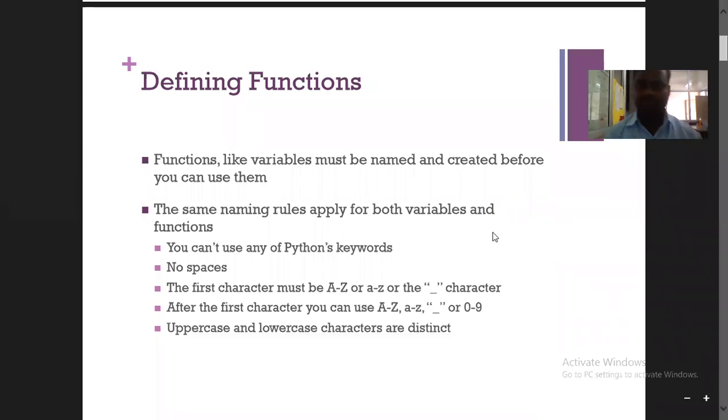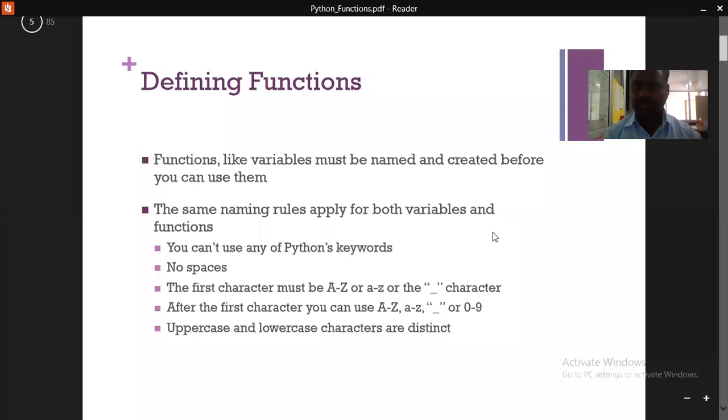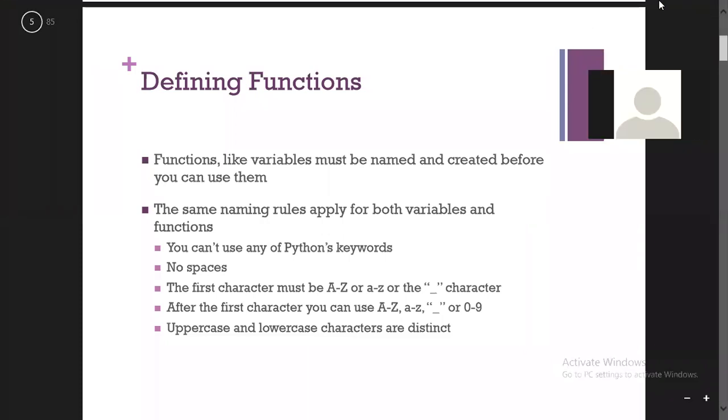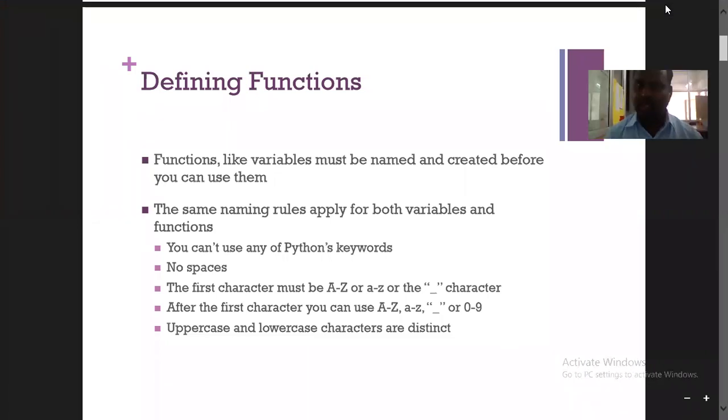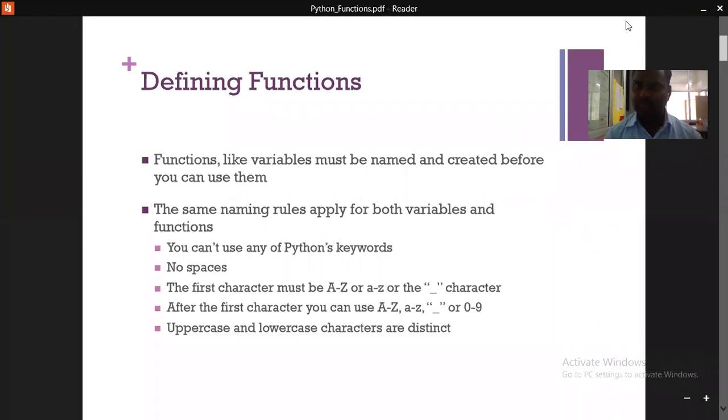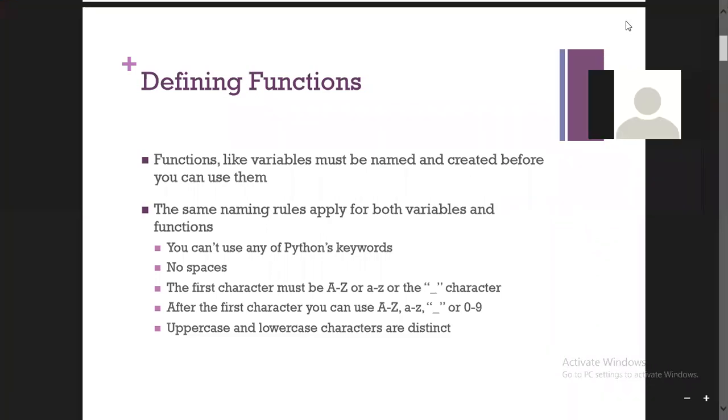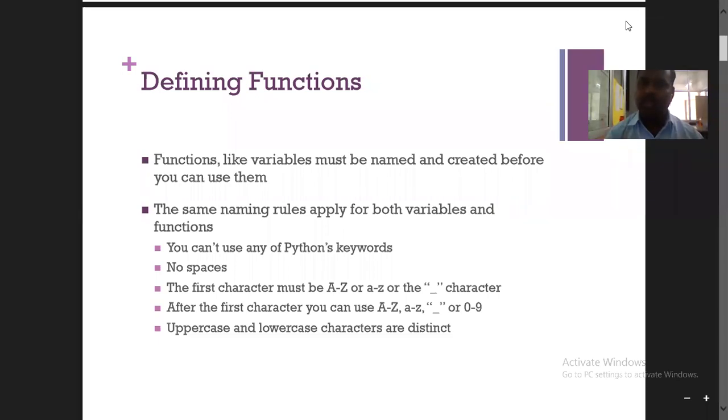Have you understood my question? To declare a variable, what are the rules we have? The variable name should not use keywords. It should not start with special characters, and it doesn't allow spaces in between. It allows only underscores and alphabets.